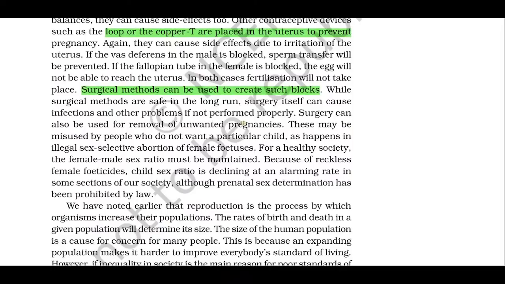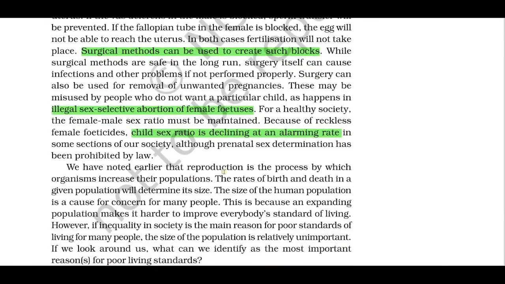So these kinds of unwanted pregnancies can be misused by people. For example, illegal selective abortion of female fetuses. This results in a decrease in the female-male sex ratio. Because of this, the child sex ratio is declining at an alarming rate.